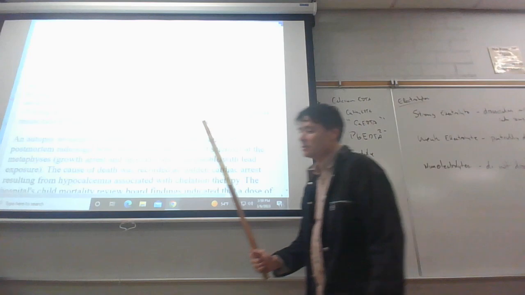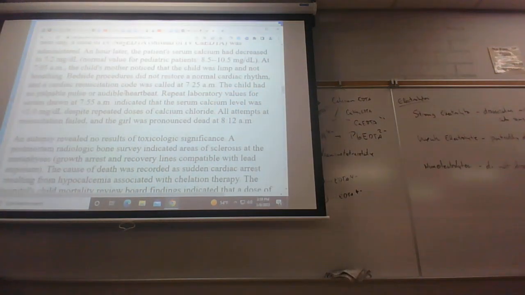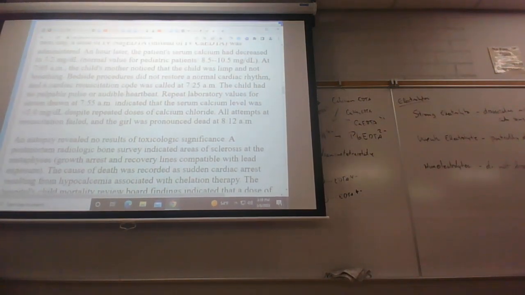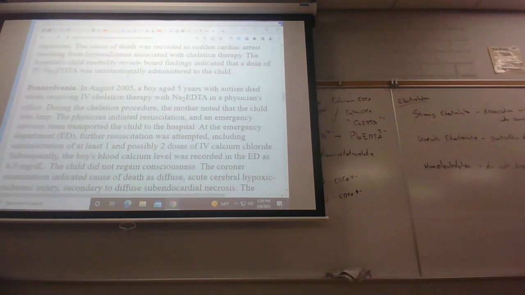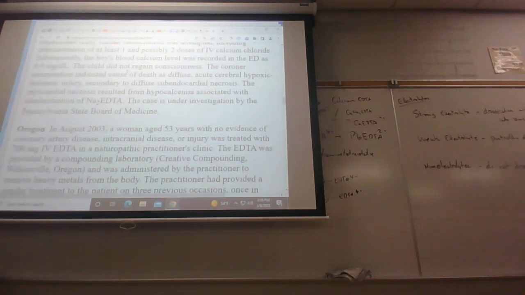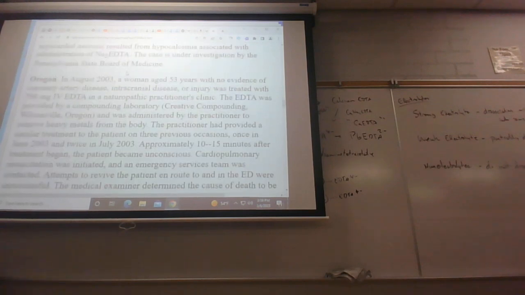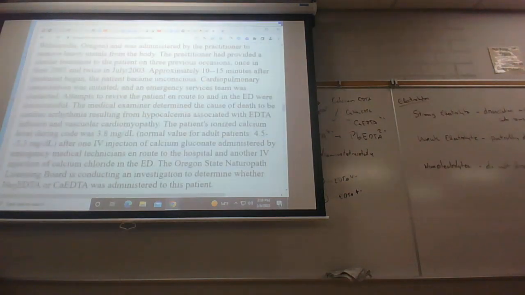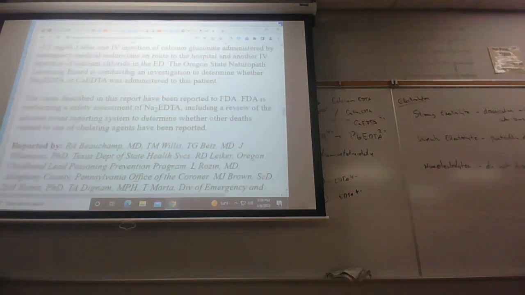But anyway, this just didn't happen once. This happened multiple times. Pennsylvania, 2005, 5-year-old boy, dead. Oregon, 53-year-old, dead. That's an adult, but still died.